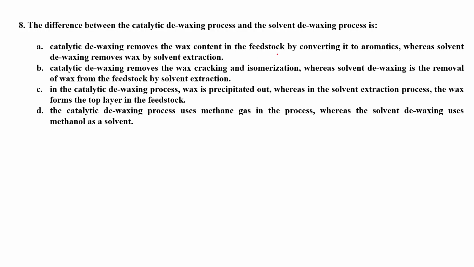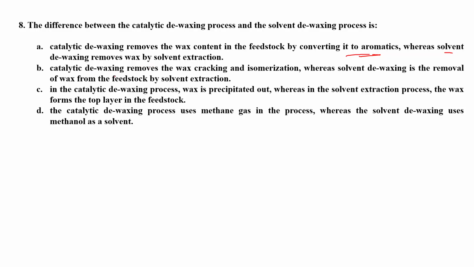The first option is wrong, though the second part is right. Solvent dewaxing removes wax by solvent extraction, but catalytic dewaxing is not converting the feedstock into aromatics. It is basically converting the N paraffins into isoparaffins or lighter fractions or lighter distillates.